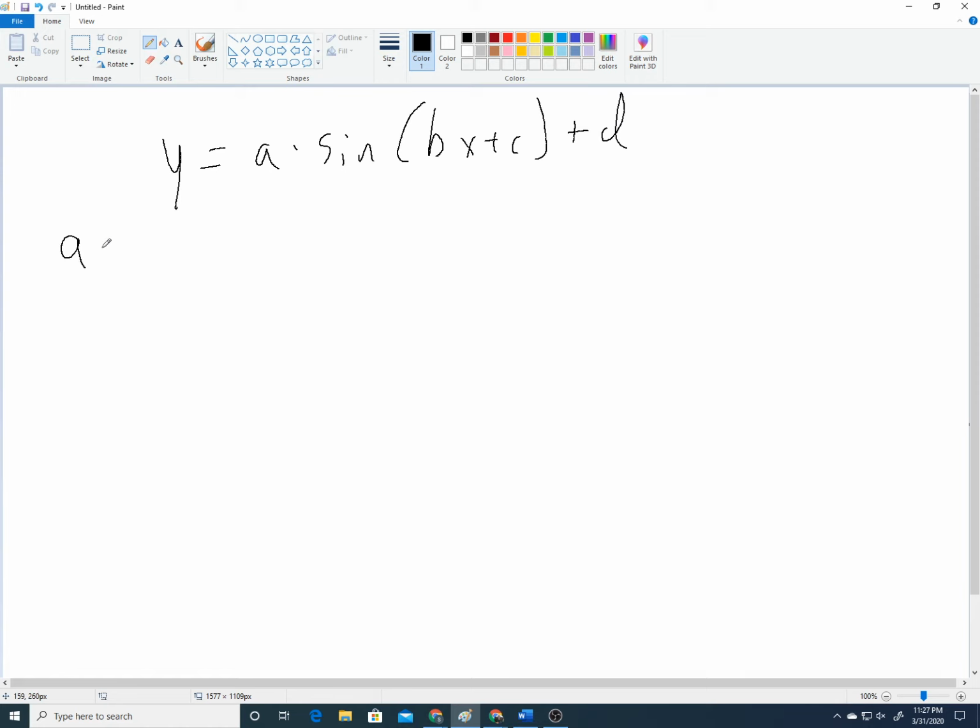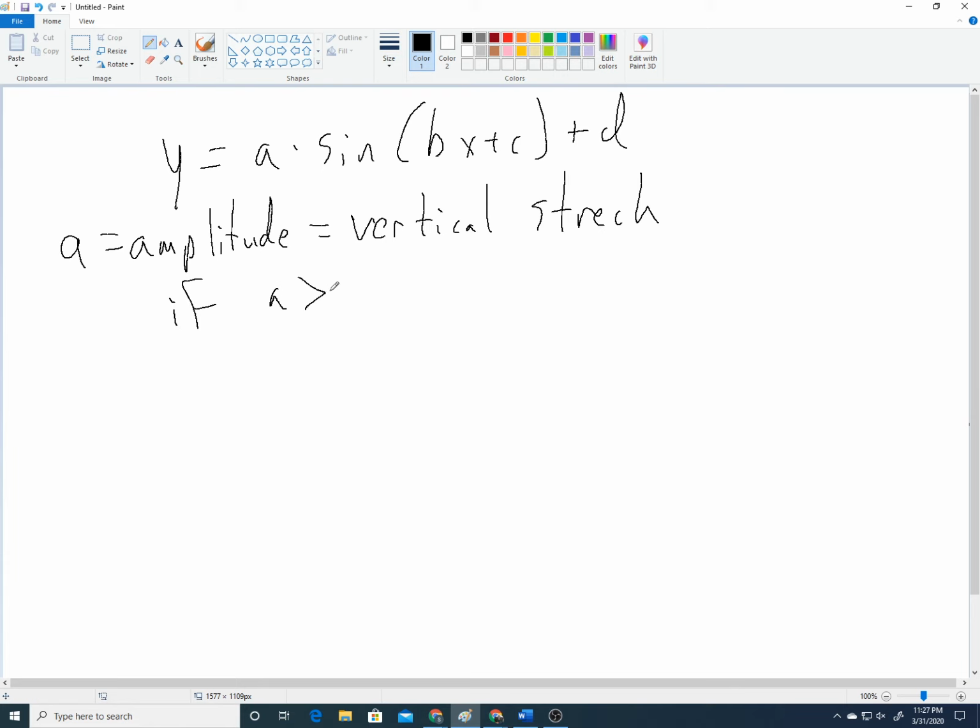So, A is called the amplitude now. It's also something we've referred to as a vertical stretch. And we know that if A is bigger than 1, the graph gets taller.